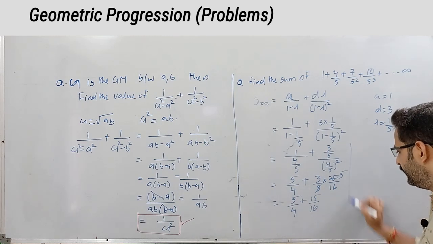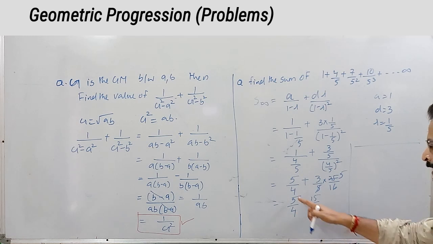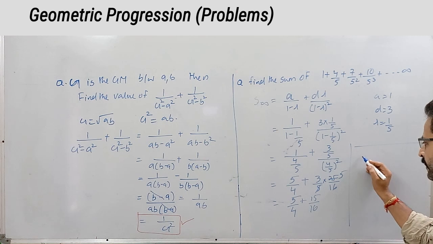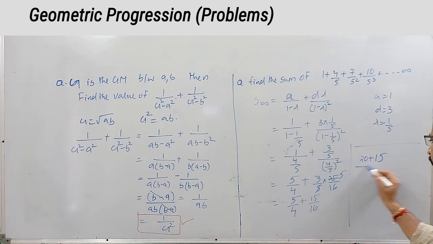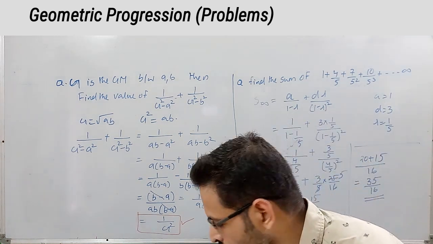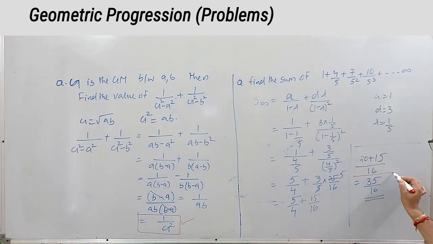Again taking LCM, 4 and 16, LCM is 16. 5 into 4 is 20 plus 15, divided by 16, that means 35 divided by 16 will be the answer. Sum of infinite terms of the AGP series is 35 divided by 16.